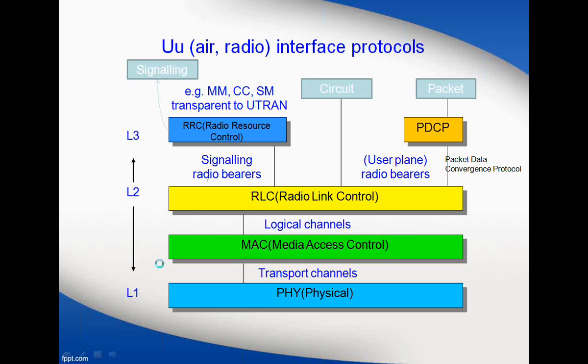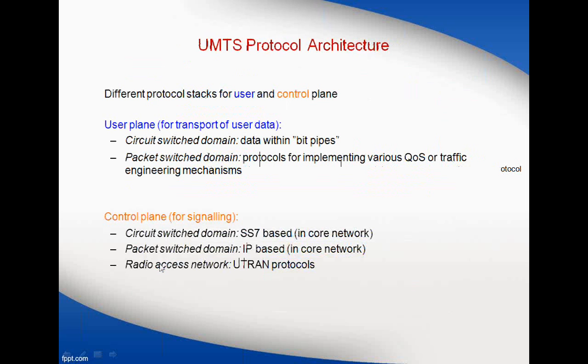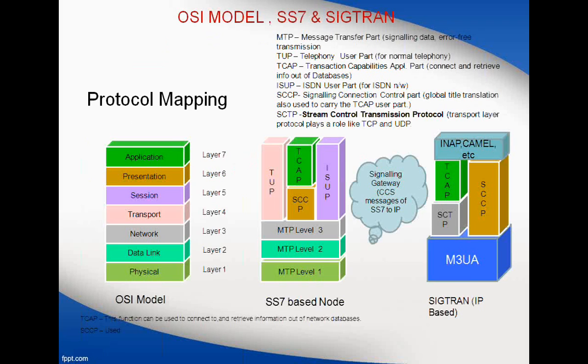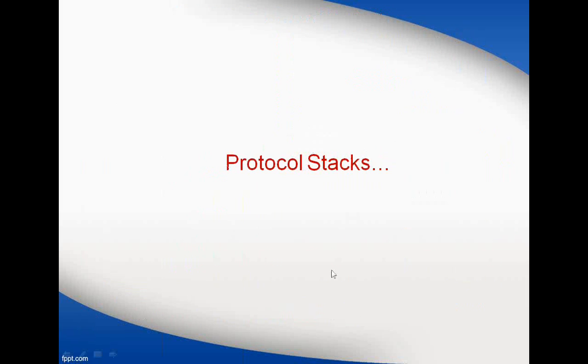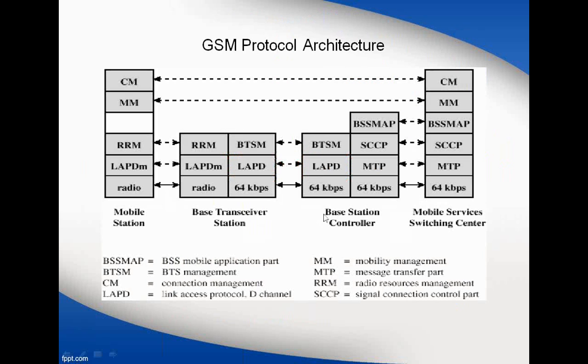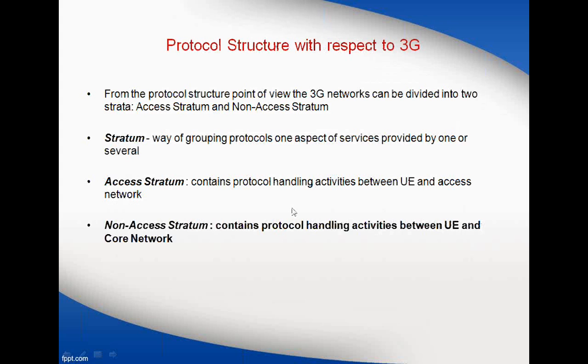Again, you can map all these functionalities, like how MTP 1, 2, 3 and the physical and data link act, how M3UA acts, or how the other protocols have their functionalities.